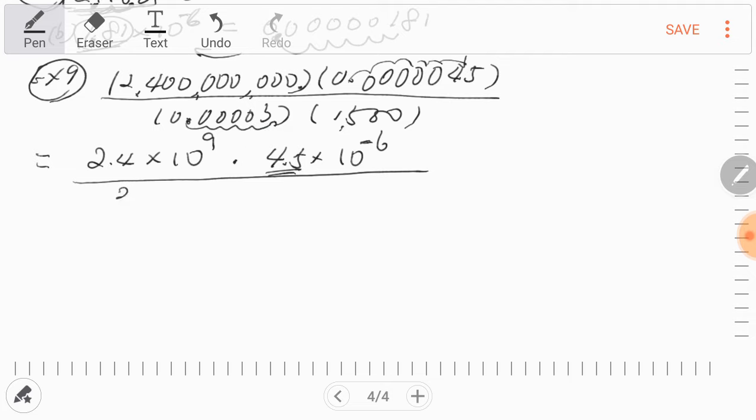So 3.0 times 10 to the, is it 5 or negative 5? I want to make this number smaller, so it's got to be negative 5. And the next one is move from here 1, 2, 3. So 1.5 times 10 to the positive 3 or negative 3? Positive 3, because we make this number larger.